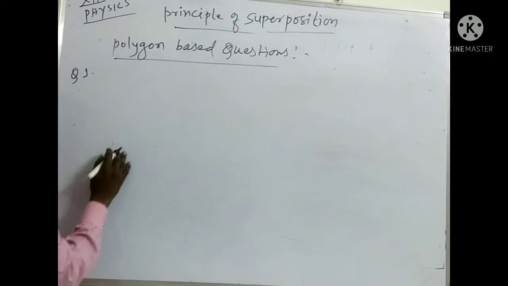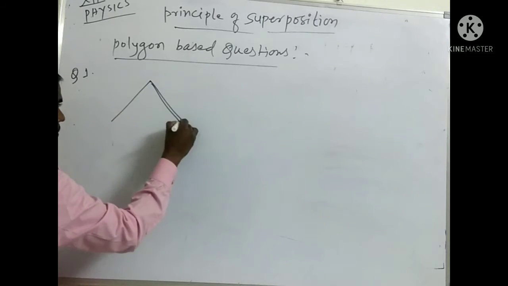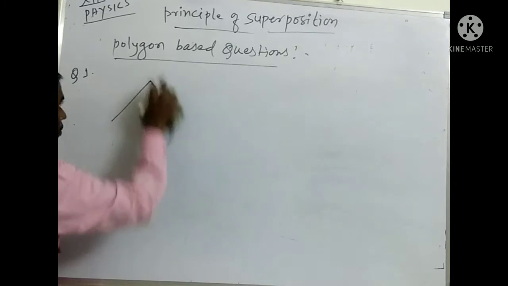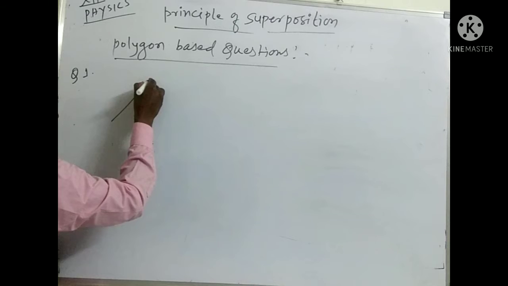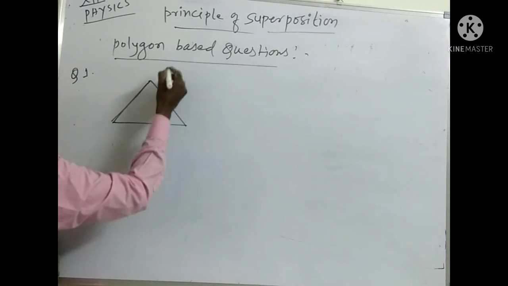Suppose we take one equilateral triangle. This is an equilateral triangle.